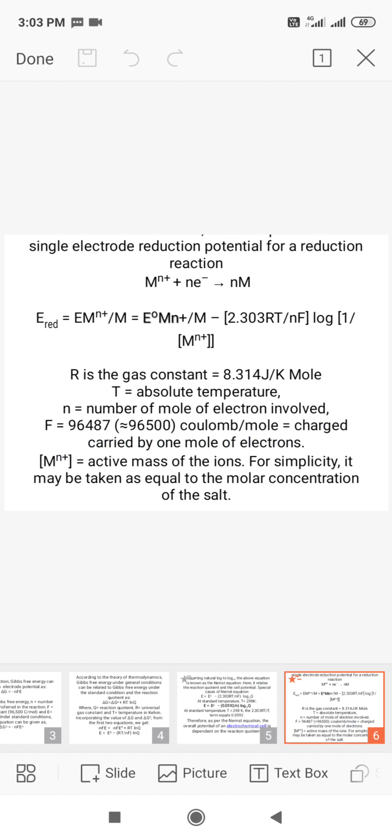This reaction is the reduction reaction. Metal ions absorb electrons, or gain electrons, and themselves reduce to metal.